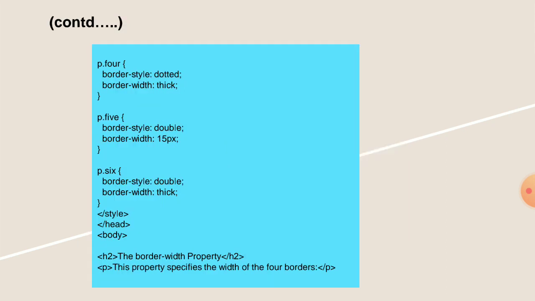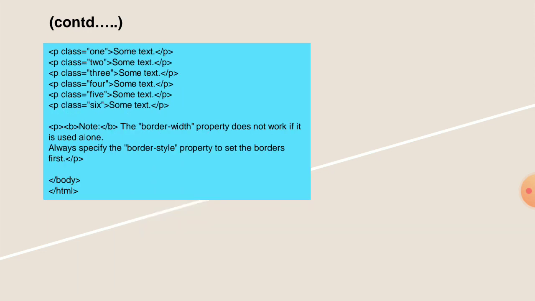Then we can also define p.two, with border-style solid and border-width medium. Continue with p.three, p.four, p.five, p.six. Then style section close, head section close, body section close. There is an h2 heading for the border width properties, then a paragraph saying the property specifies the width of the four borders. Then paragraphs with classes one, two, three, four, five and six. Then a paragraph with border none.